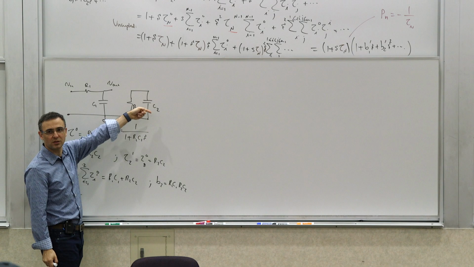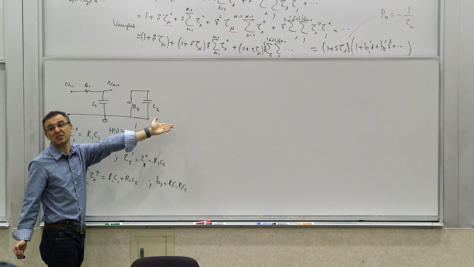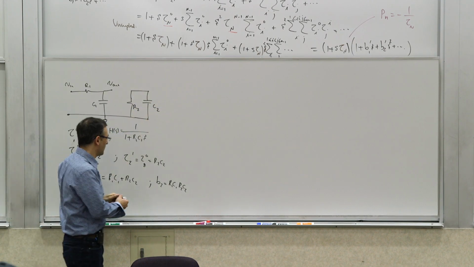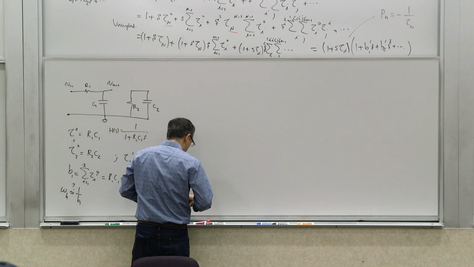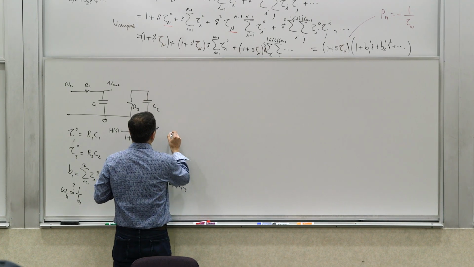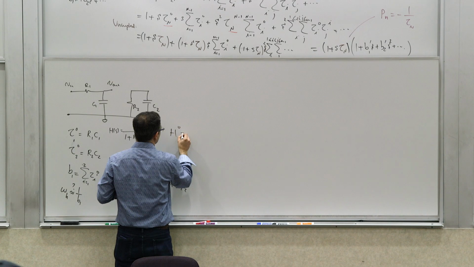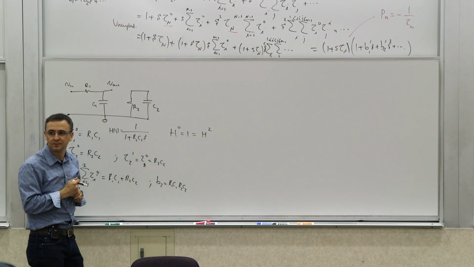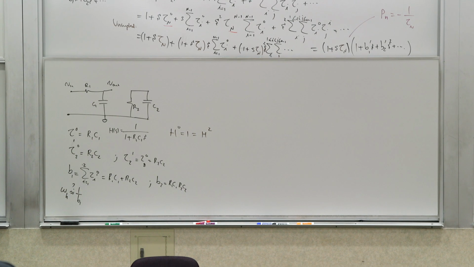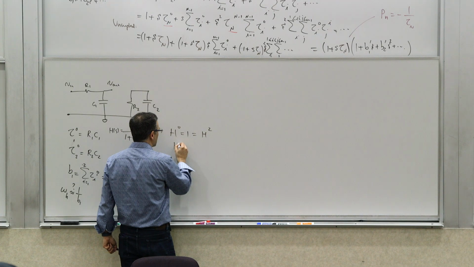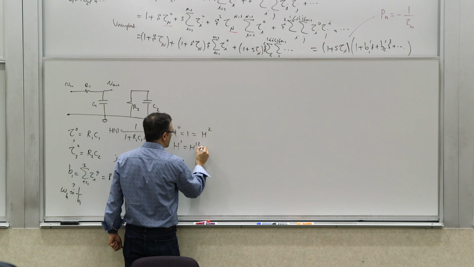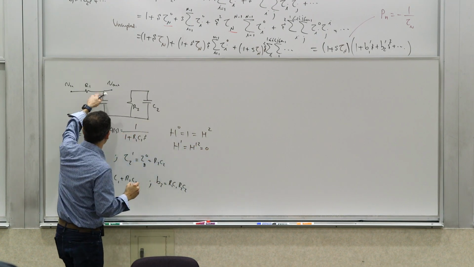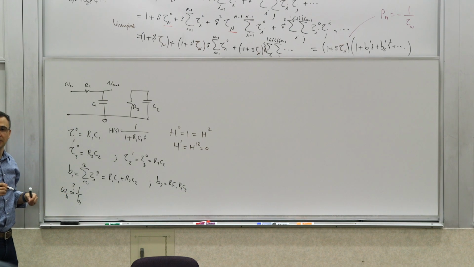If I short circuit C2, the transfer function doesn't actually change. So you can say H0, which is 1, is also equal to H2. And H1 and H12 are 0, right? Because if you short circuit this, then you get nothing at the output.